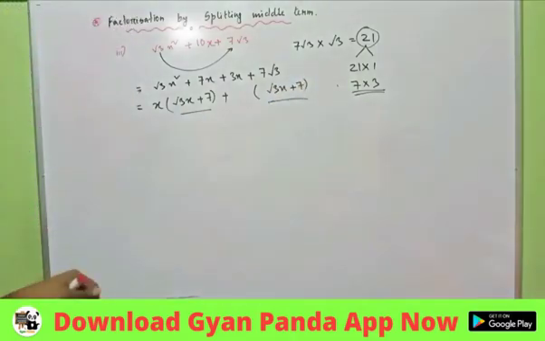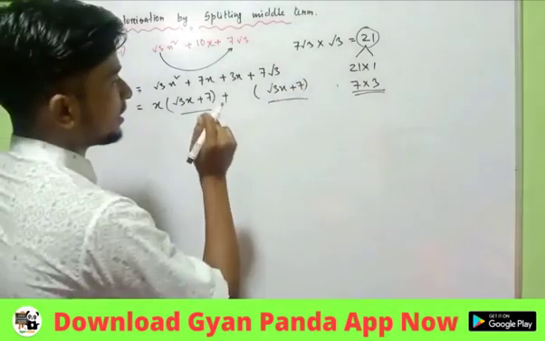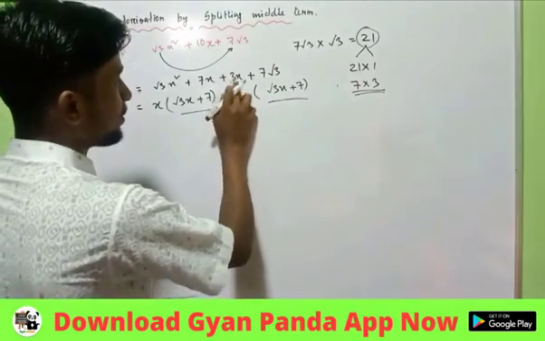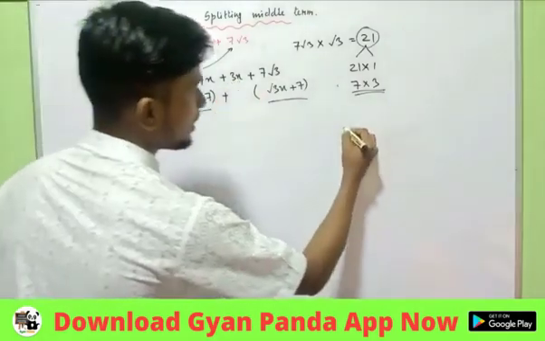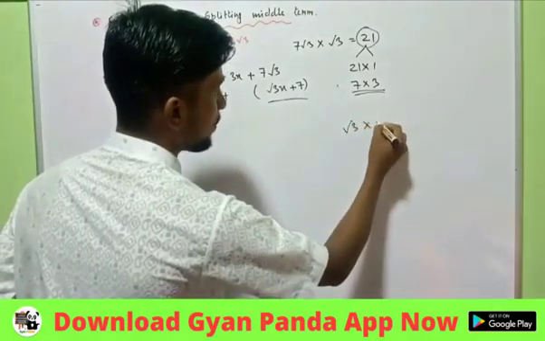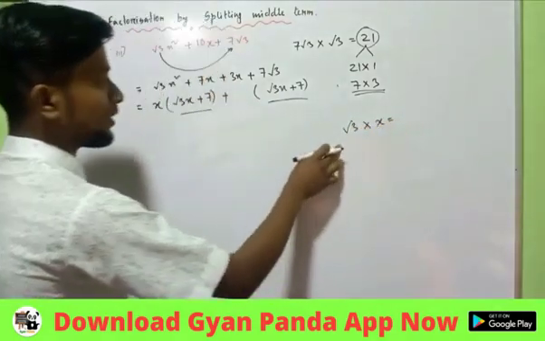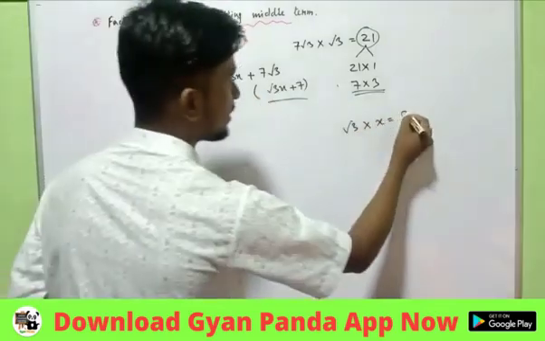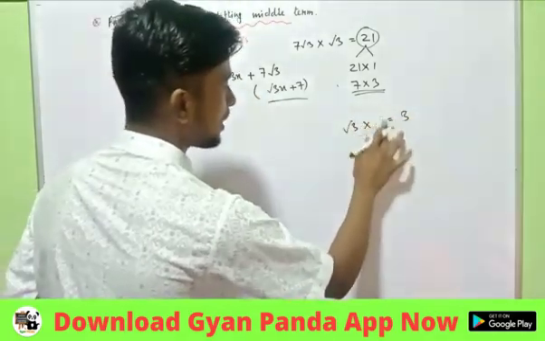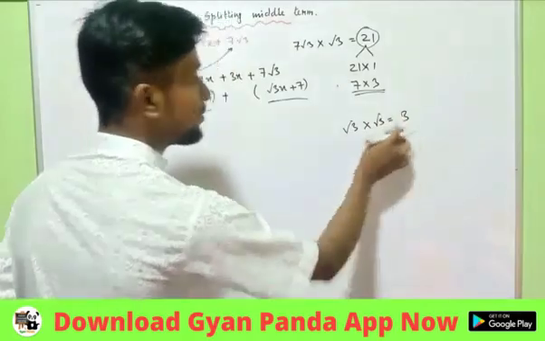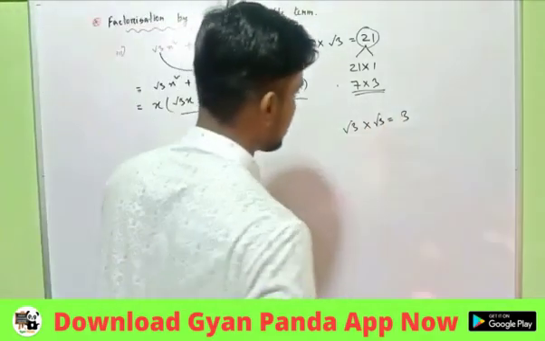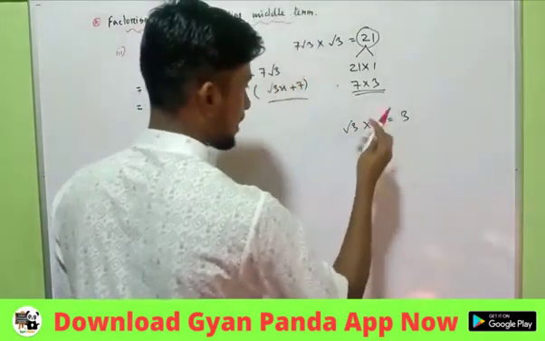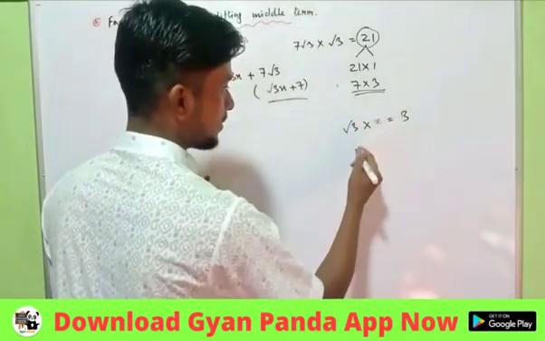Now think: to get 3, what do we have to give here? We have to multiply root 3 with root 3 to get 3, right?